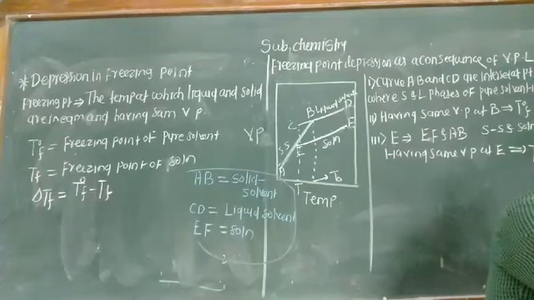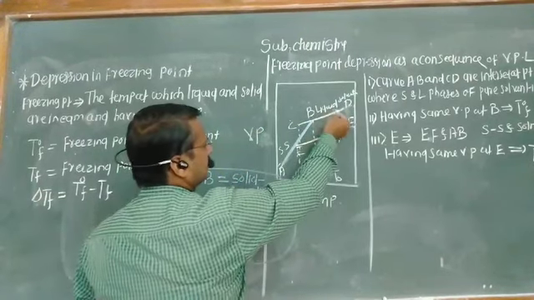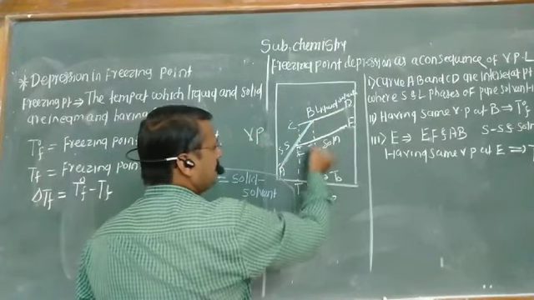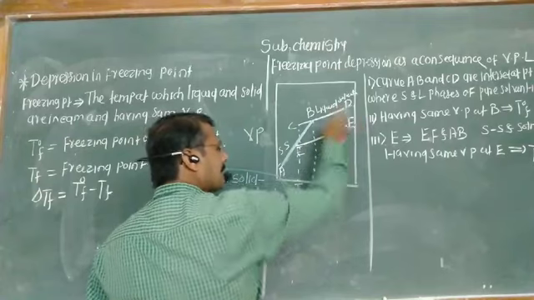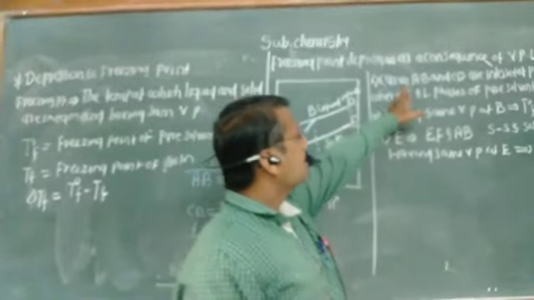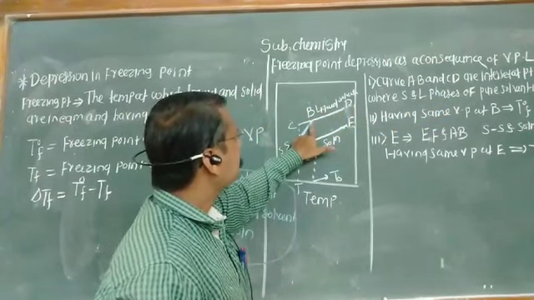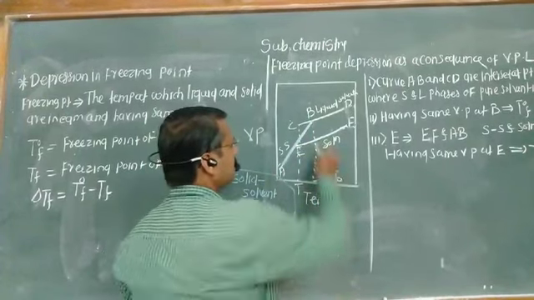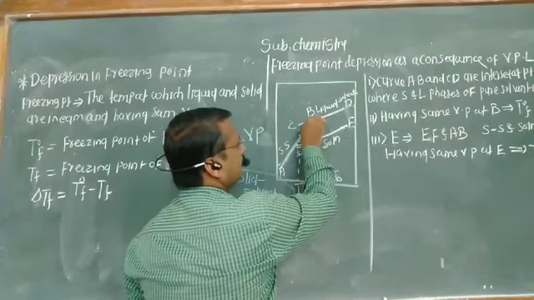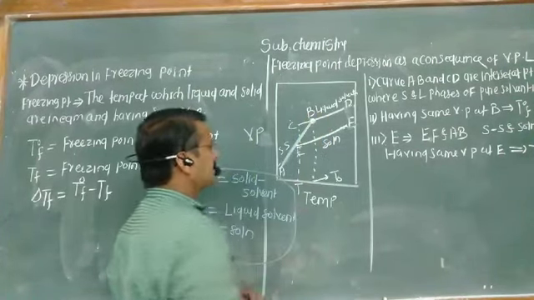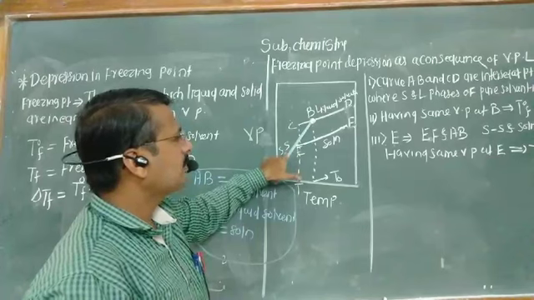If we look at curve CD and curve EF, the curve EF lies below the curve CD. Curve AB and curve CD intersect at point B. At this point of intersection, the solid and liquid phase of pure solvent are in equilibrium.